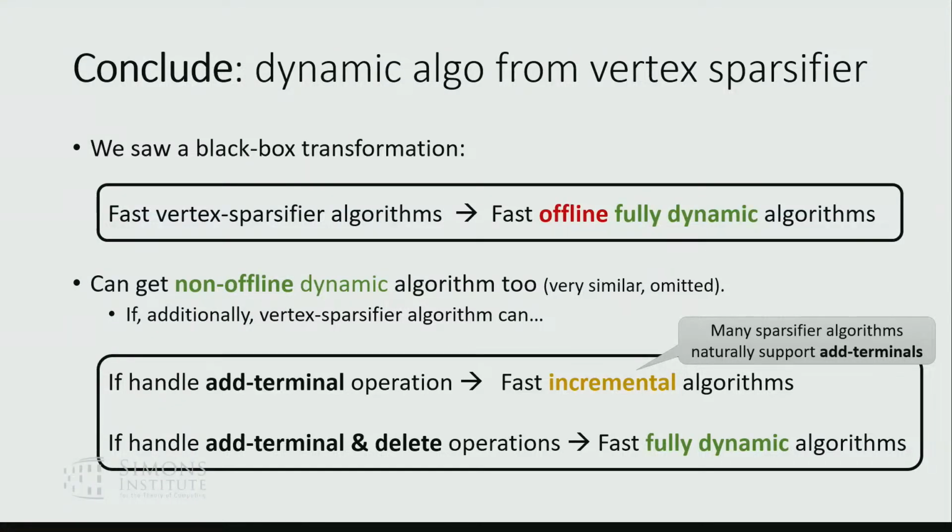What other assumptions? Yeah, good question. The way to do it is to make the graph constant degree. There will be some reduction to make that true. But that comes outside of the black box.